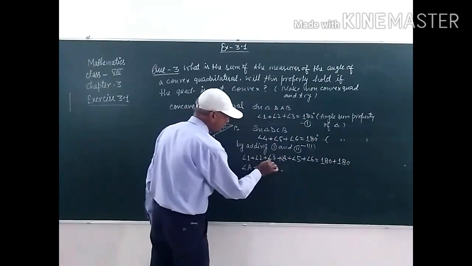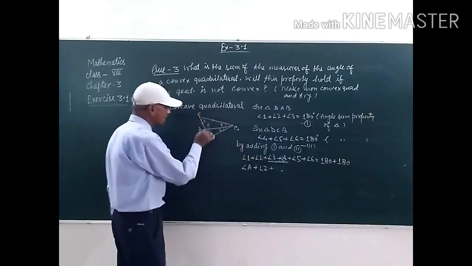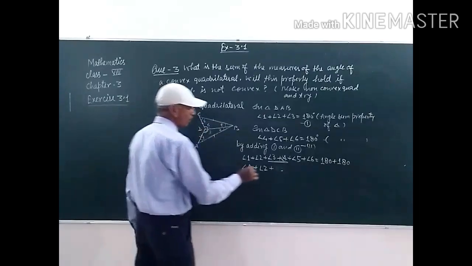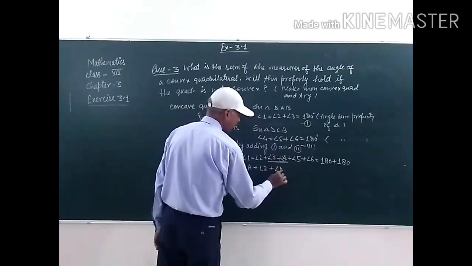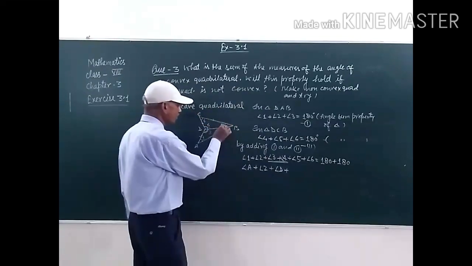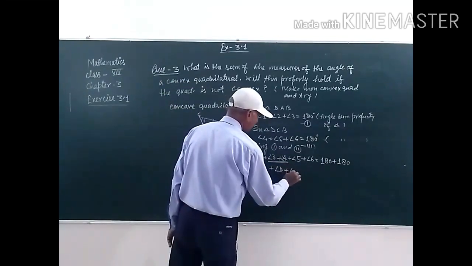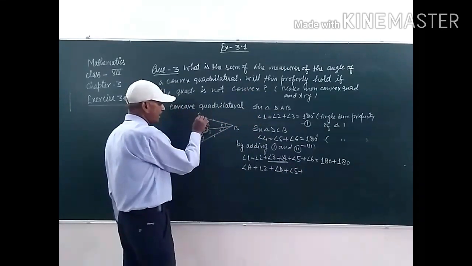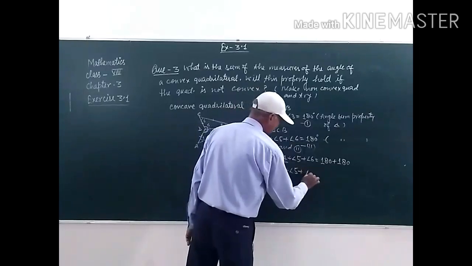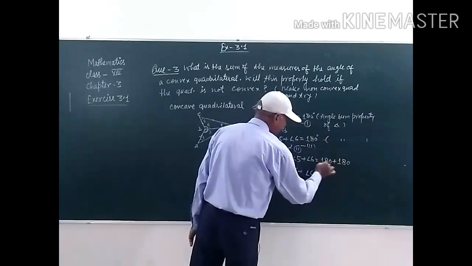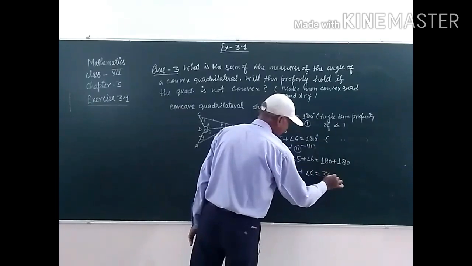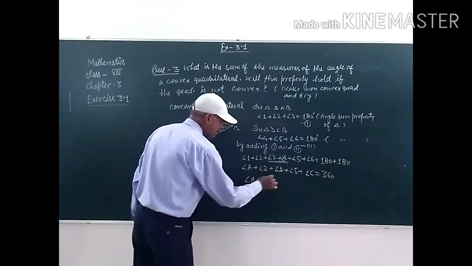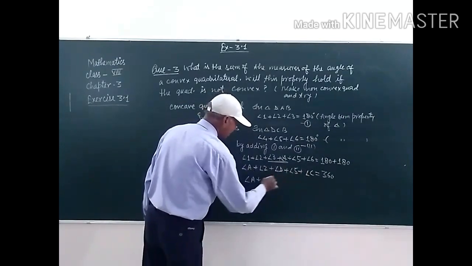This angle 3 plus 4 is angle D. Then plus angle 5, plus this one angle 6, which is angle C, is equal to 180 and 180, that is 360. Now this is angle A plus angle C plus angle D plus angle 2 plus angle 5.